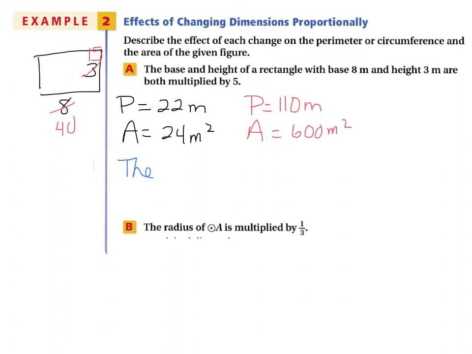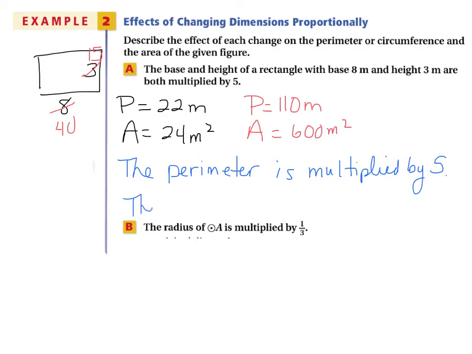Well, the perimeter is multiplied by 5. But the area is multiplied by what? Well, since it's squared, the area is multiplied by 5 squared, or 25.